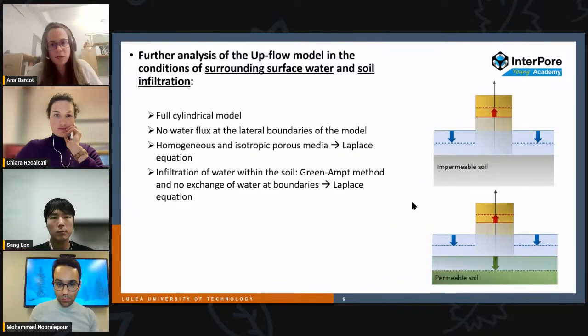In a similar manner, in order to ensure that we have zero flux boundary conditions, we assume an infinite domain with periodic arrangements that, due to symmetry, ensure that we have no exchange of water at the boundaries. So again, we come to the Laplace equation, and also no horizontal movements, only vertical movement of the water into the soil.